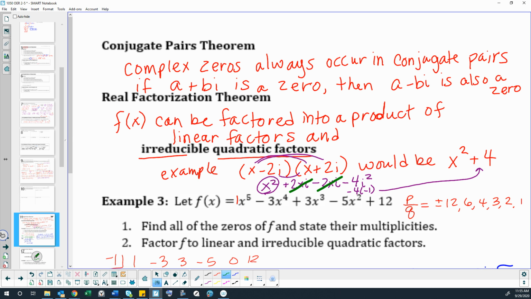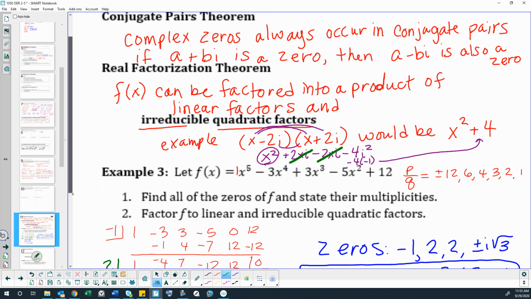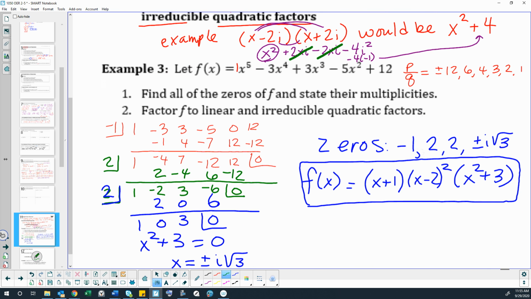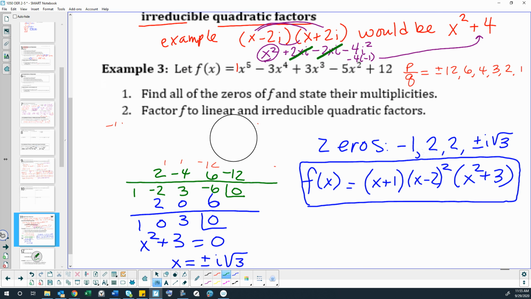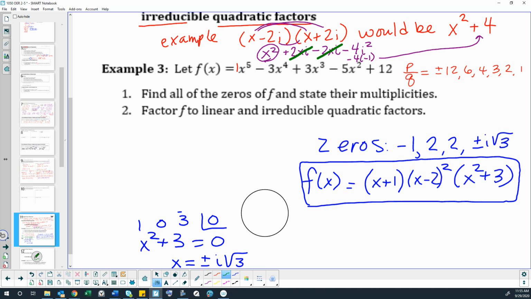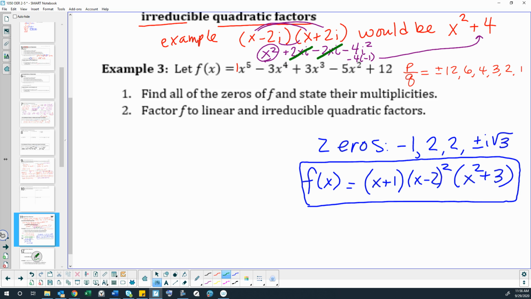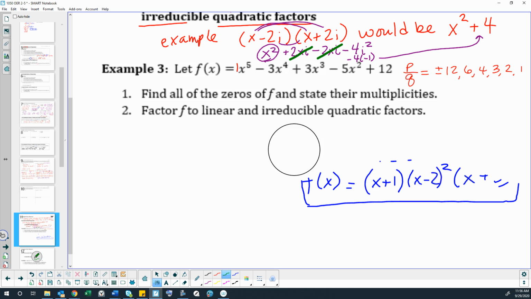Okay, we're going to do example 3. And as we do example 3, I'm going to slow down and talk about something you should have learned in 2.4 if you watched those videos. So I'm going to erase this and start fresh to talk through the rational roots theorem.